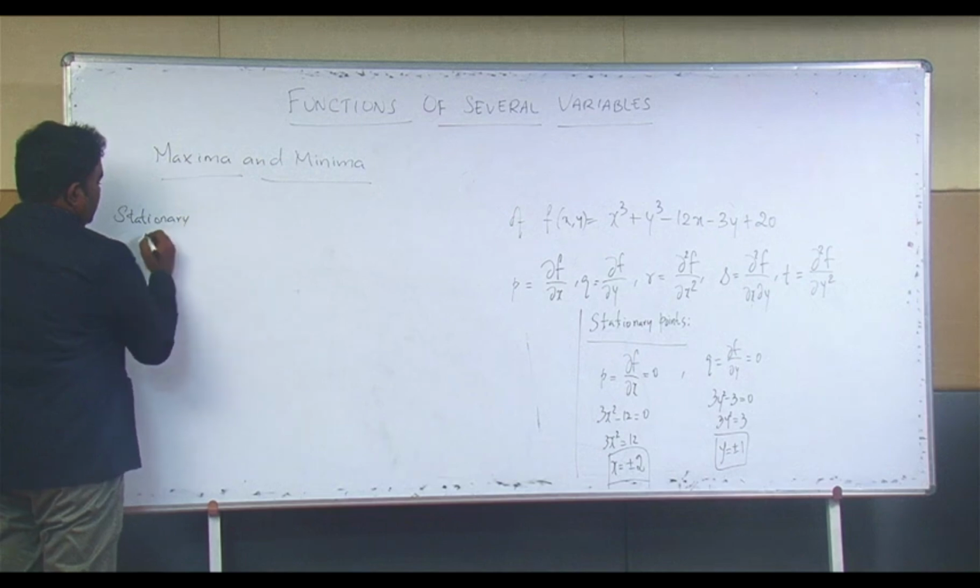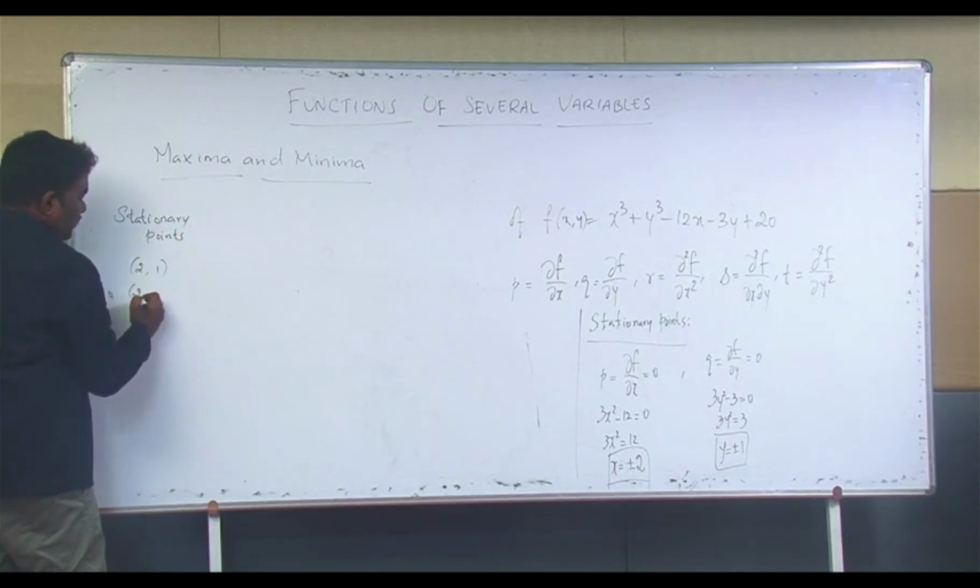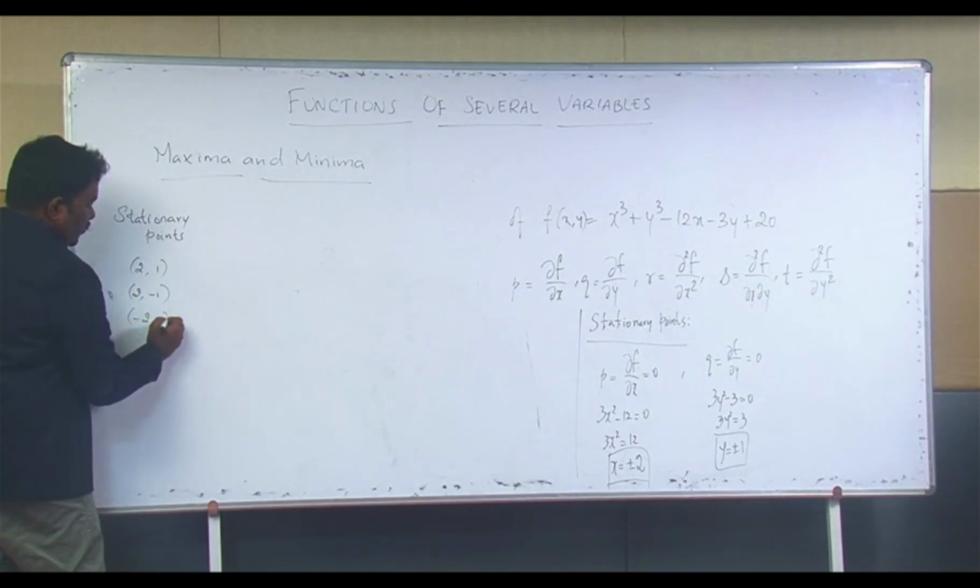I am writing the stationary points here. They are 2 comma 1, and then 2 comma minus 1, minus 2 comma 1, and minus 2 comma minus 1.